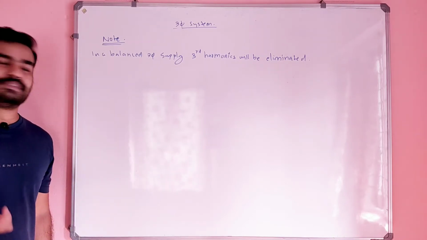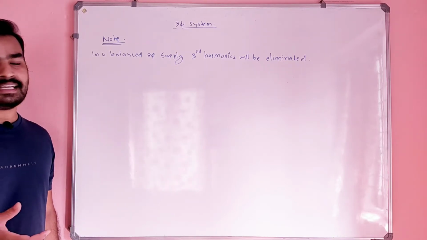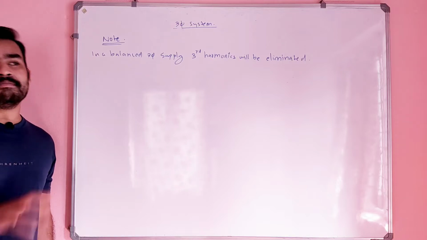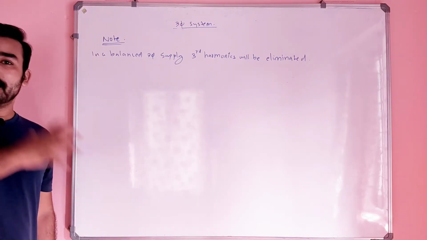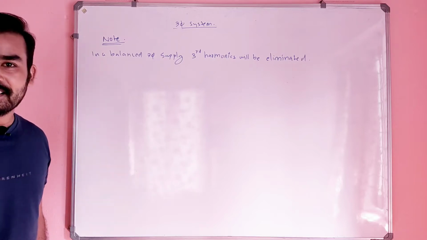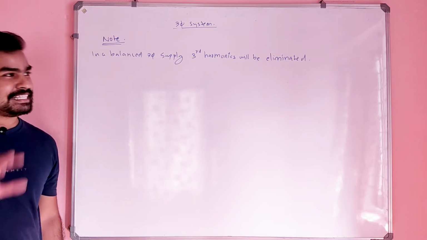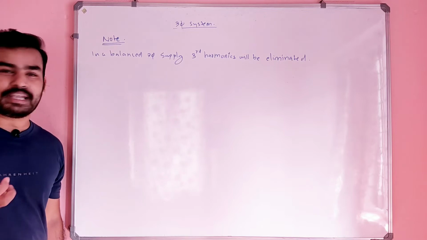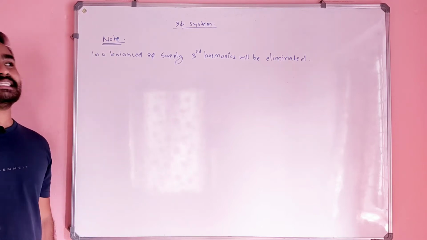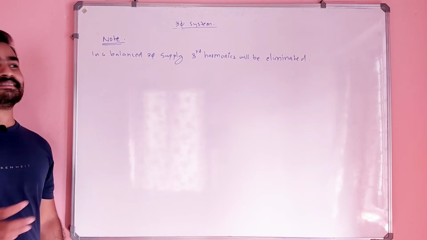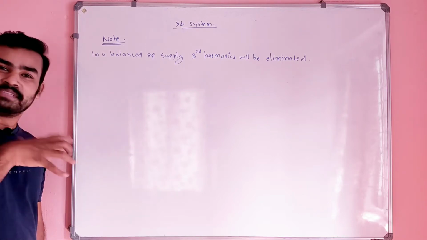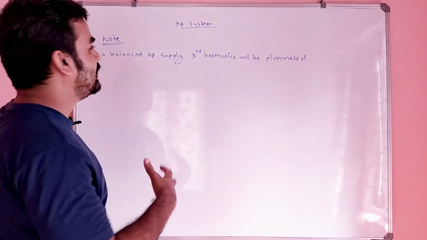Suppose in a machine so many harmonics are there, then the machine will be overheated, will not run properly, and will not pick up its rated speed. So many problems are there. That is the meaning of harm; it does something to the system.